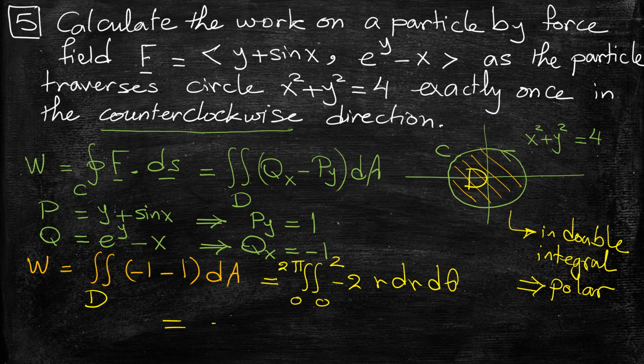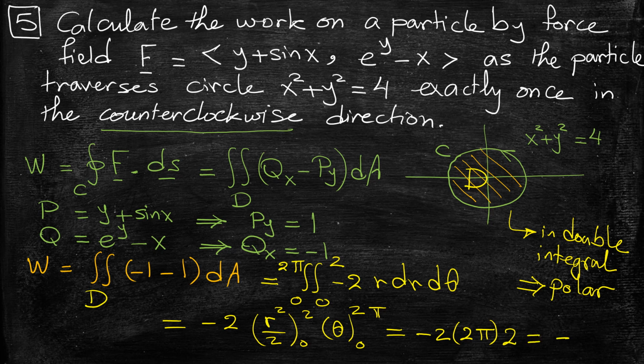So here this will be minus 2, and r squared over 2 from 0 to 2, and theta from 0 to 2 pi. So this will end up with minus 2 times 2 pi, and then r squared is 4 over 2, which is another 2, so this will be minus 8 pi.